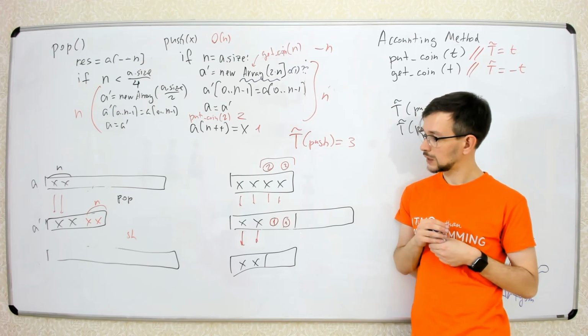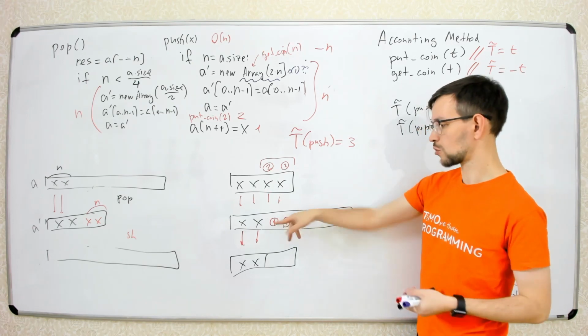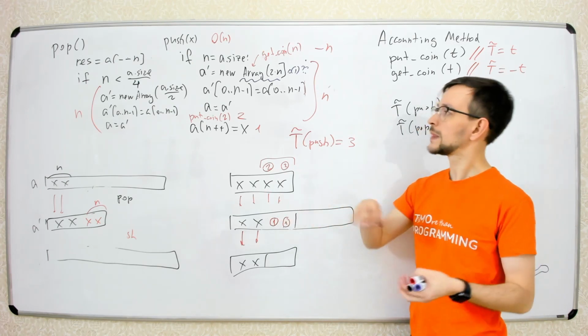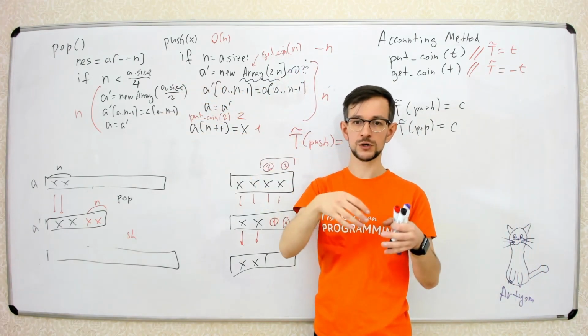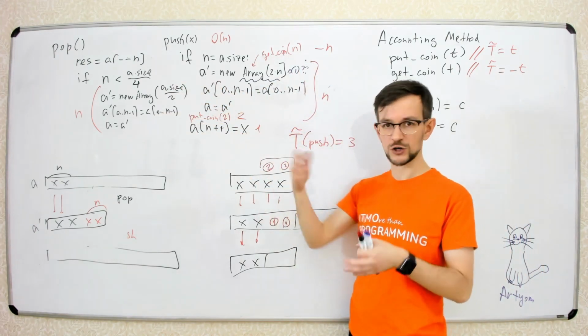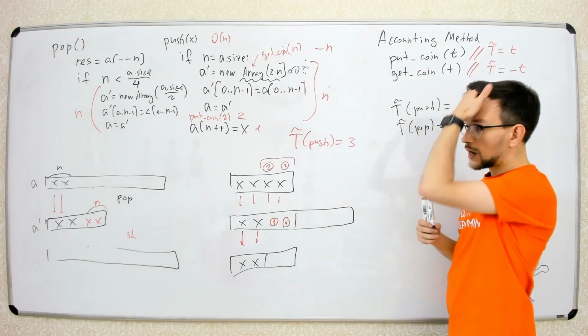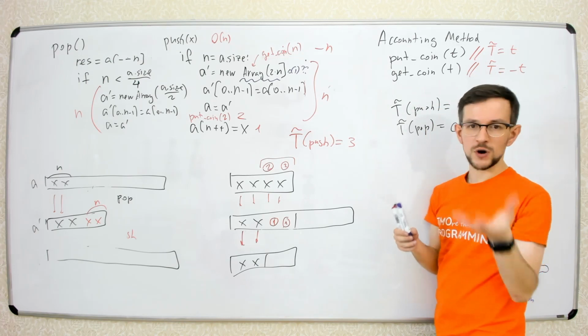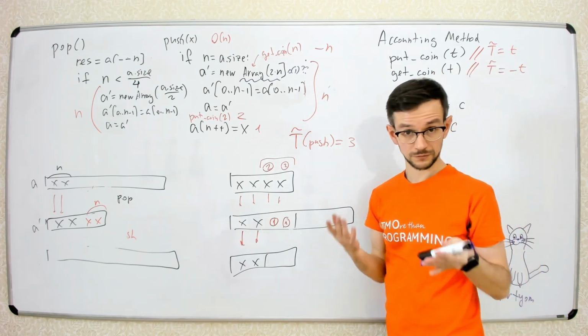That's all. So we put coins when we push an element to the stack, we put coins when we pop elements from the stack, and when we need to increase or decrease the size of the array, we use these saved coins to make this operation in zero time. That's all. Sometimes it happens that we have more coins than we actually need, so the amortized time complexity may even be negative.